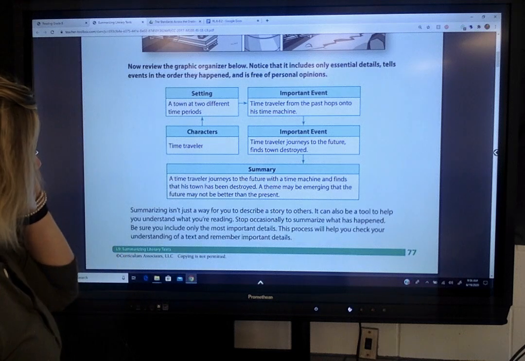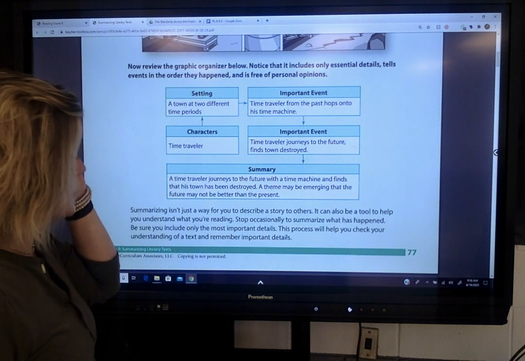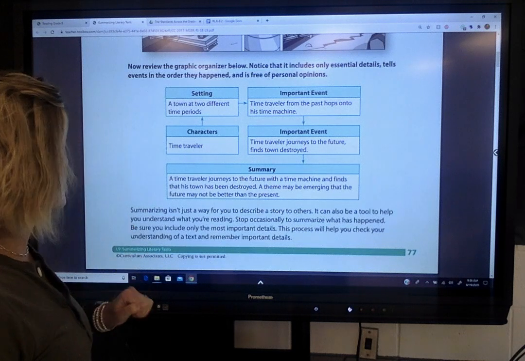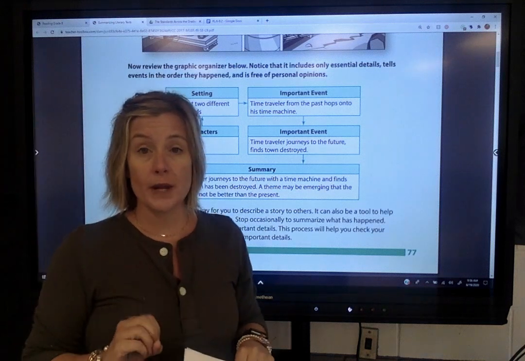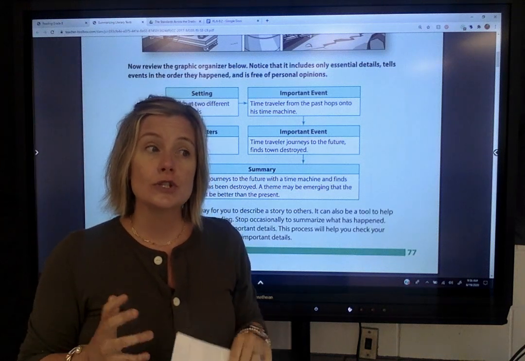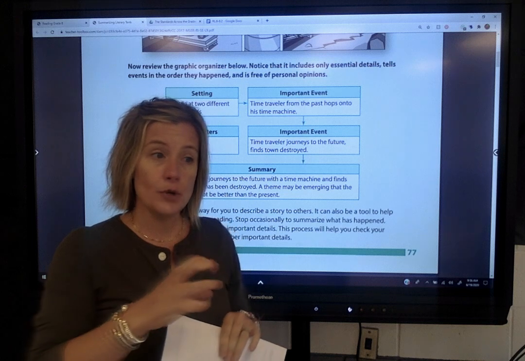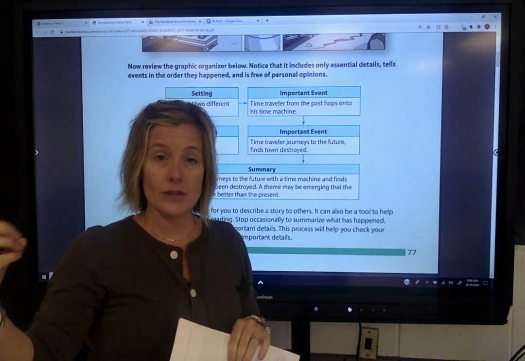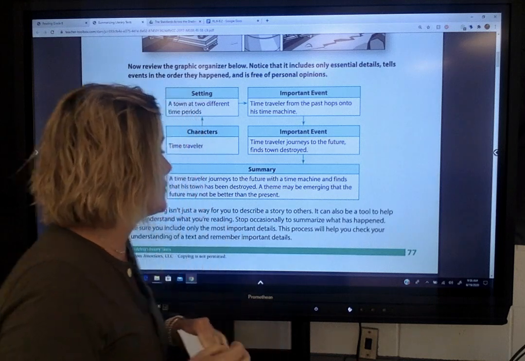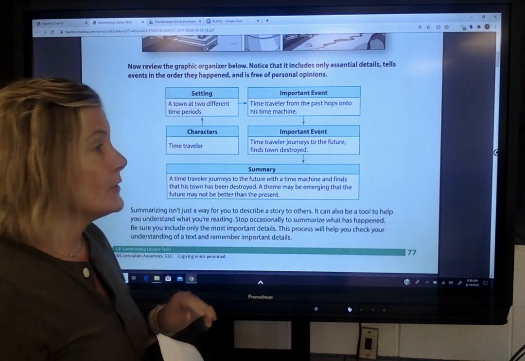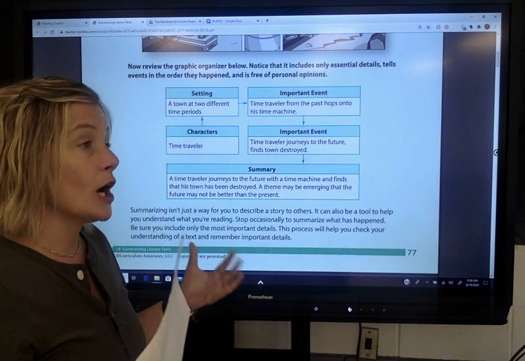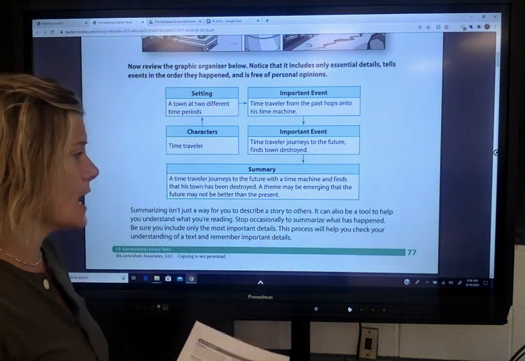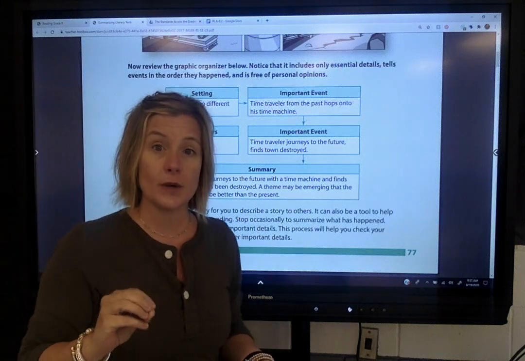It's not just a way for you to describe a story to others. It can also be a tool to help you understand what you're reading. So you can use summaries to really understand, to pull out those big ideas and pull out that theme and the details that support that theme, so that you're able to better comprehend what you're reading. You should stop occasionally and summarize what's happened.